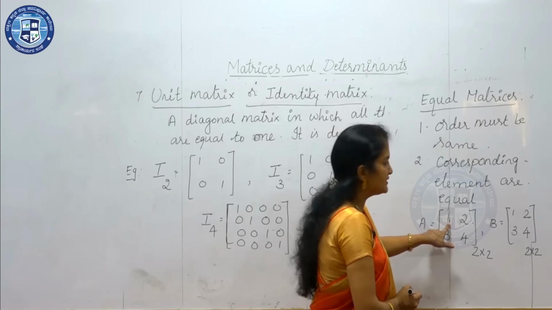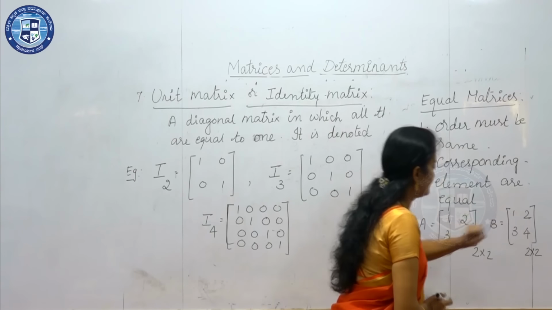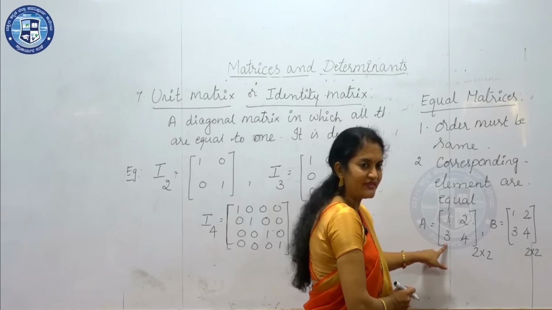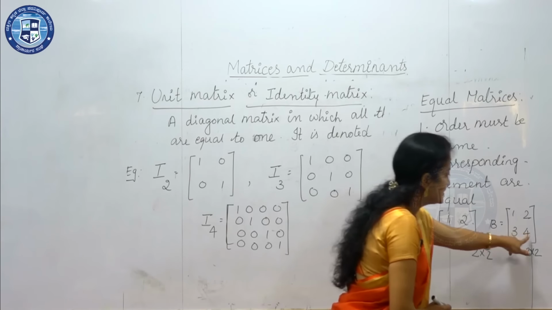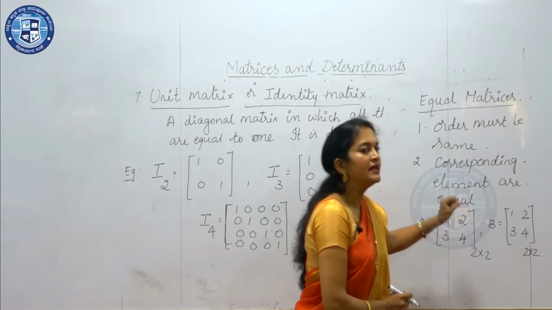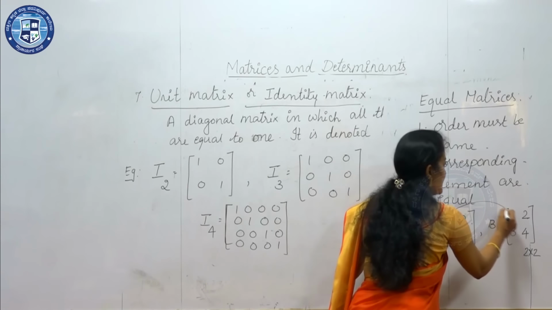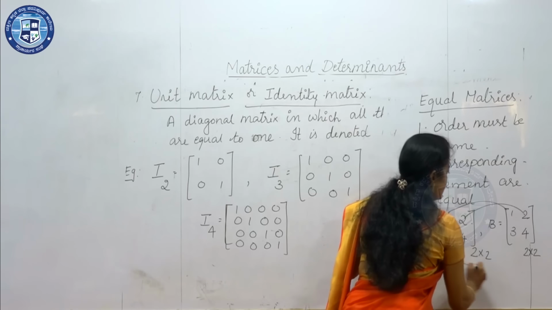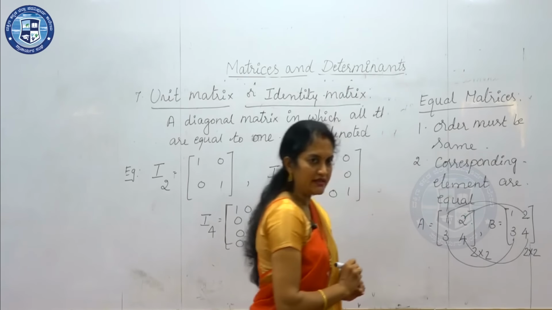First element of first row same, second element of first row same, first element of second row same, second element of second row same. So these two matrices have the same order and the corresponding elements are equal. So we can say that these two matrices are equal.